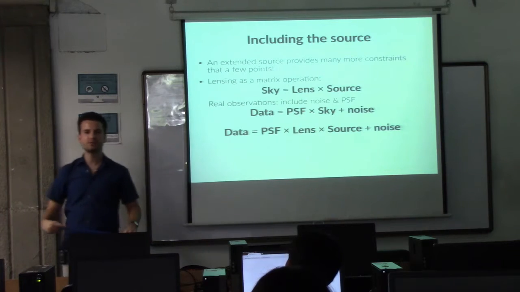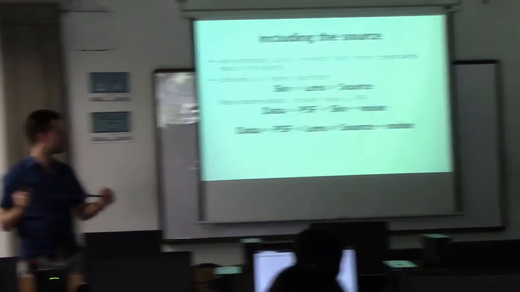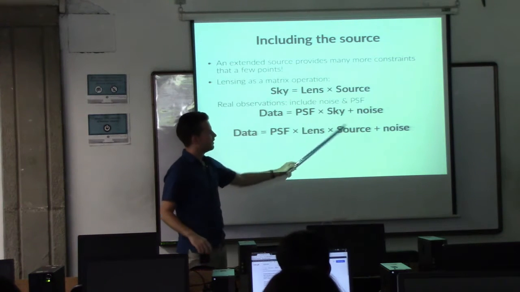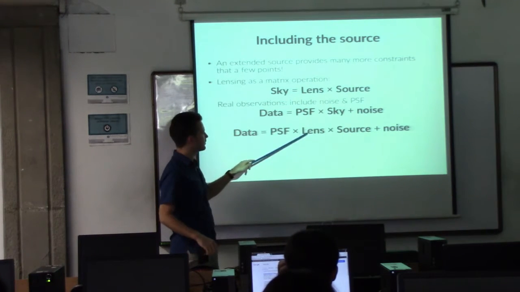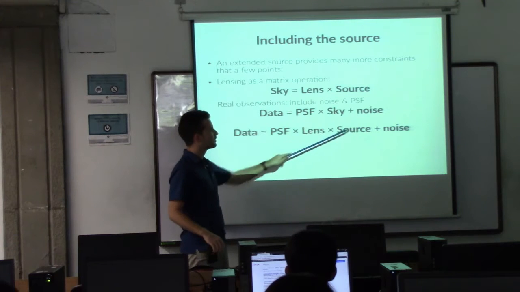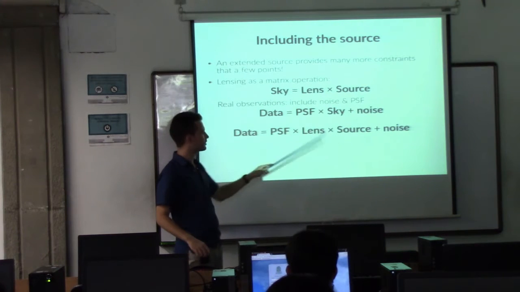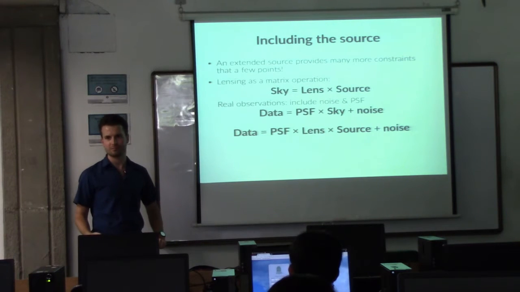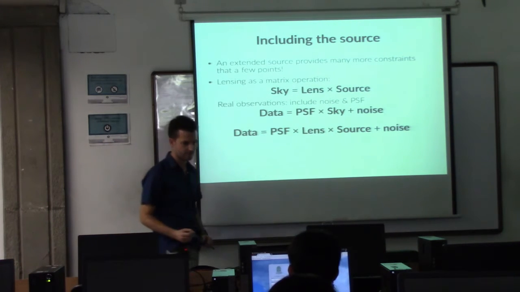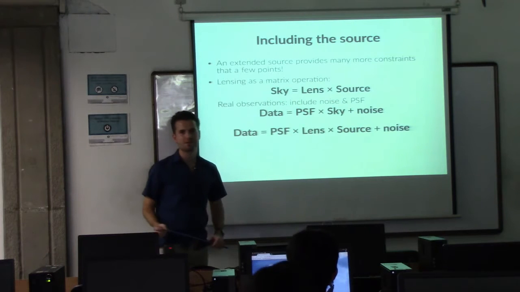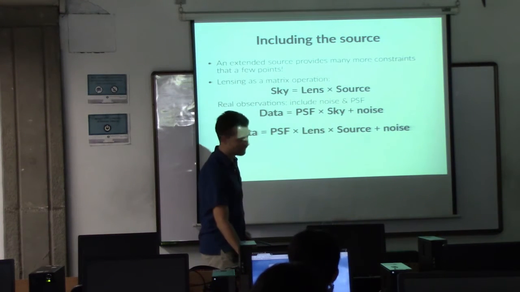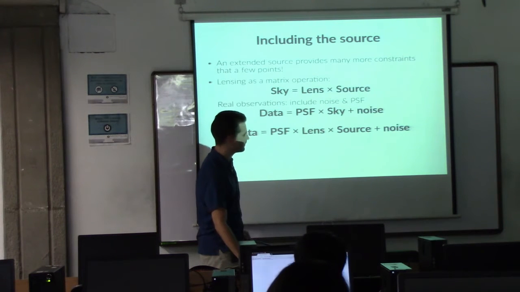So if you want to do this extremely brute force, you can do Monte Carlo or a similar approach and just try to change your source and your lens model until you match your data. Well, that has to be done in a slightly smarter way.